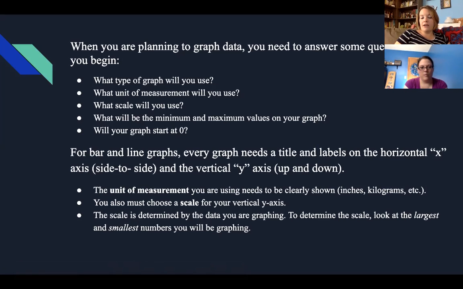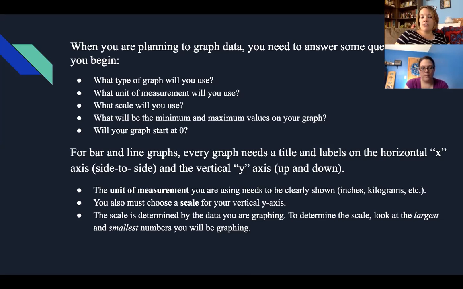For bar and line graphs, every graph needs a title and labels on the horizontal, which is the x-axis. It's the side to side, the bottom. And the vertical, which is the y-axis, which is the up and down. And we've talked about that with the coordinate planes. So the unit of measurement you're using needs to be clearly shown, like, for example, inches, kilograms, centimeters, etc. You also must choose a scale for your vertical y-axis.